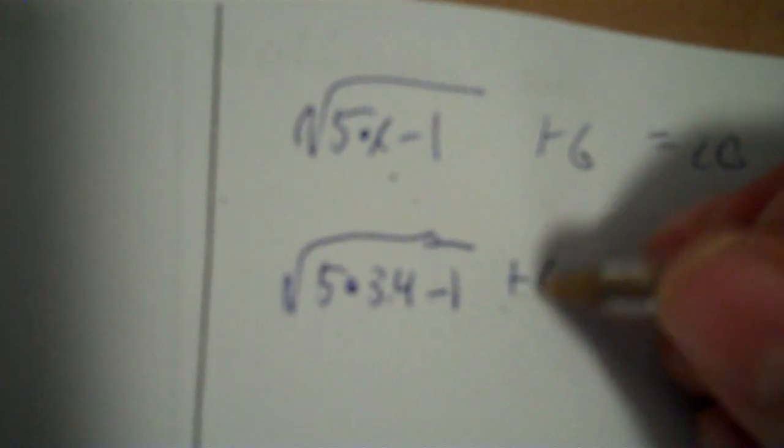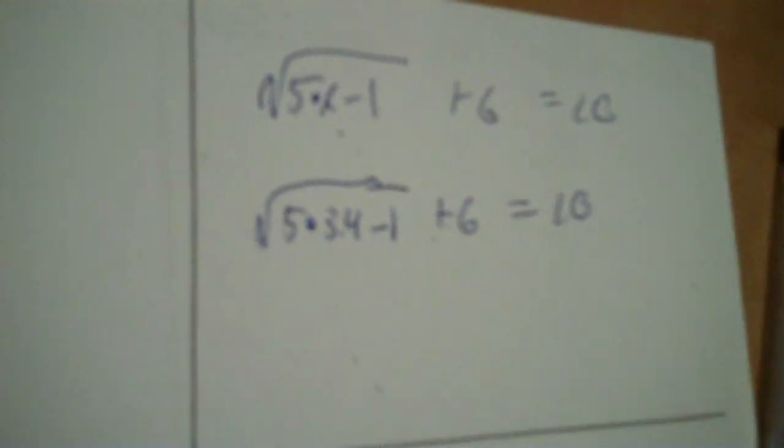Now if you get something like that and you're wondering if that's right or not, write the original, and we're going to substitute the 3.4 in for x. So it's 5 times 3.4 minus 1, all under the square root, plus 6 equals 10.